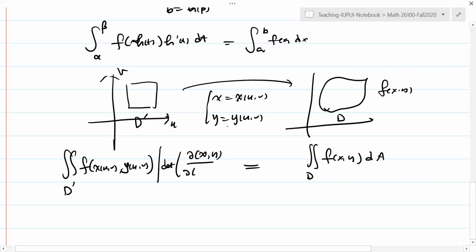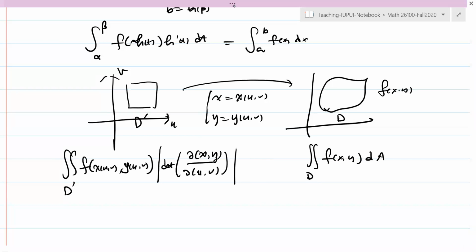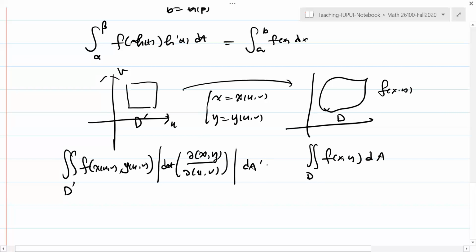So the derivative of a mapping will be the determinant, then will be du dv here, so just the dA prime. So there is a similarity here. Now you have to put that absolute value.